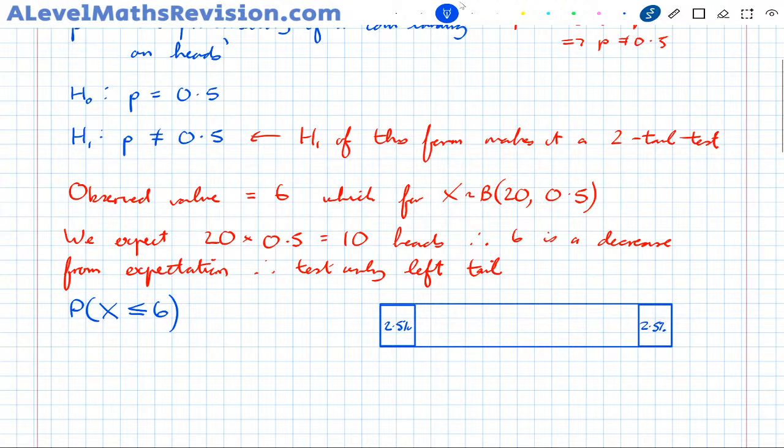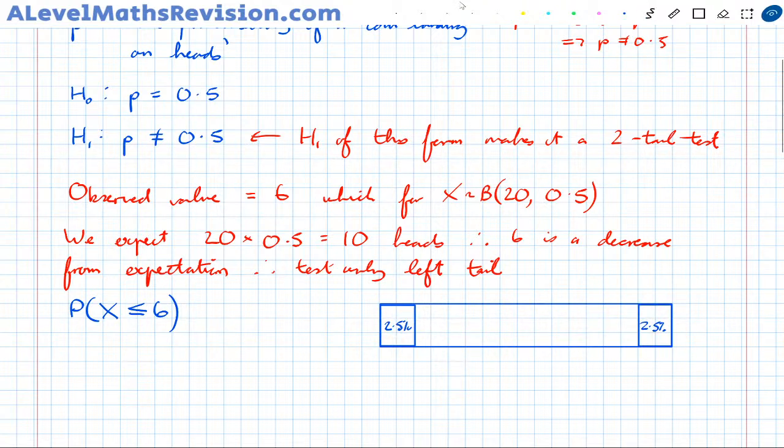So the reason for that is, if we're working for a drugs company, say, and we're designing an experiment, if we have no idea which way the test's going to go, whether it's going to go right or left, we have to set out our experiment months in advance before we start doing the testing. So it almost seems to make no sense that now that we know it's decreased, we're testing both tails, that we're testing an increased tail and a decreased tail, splitting the significance level between the two.